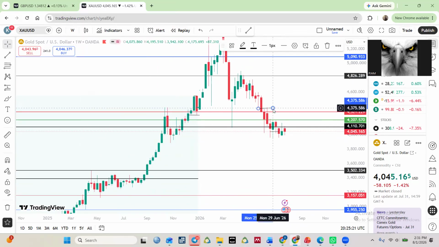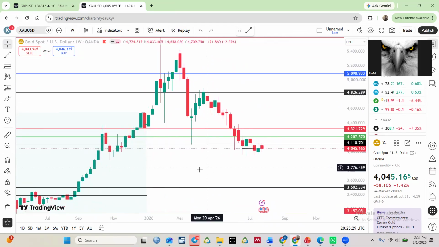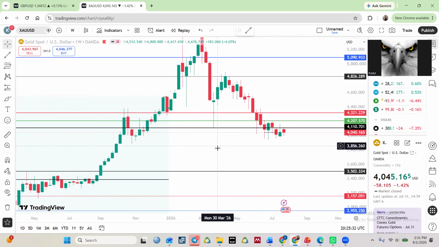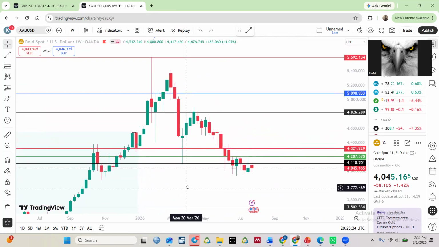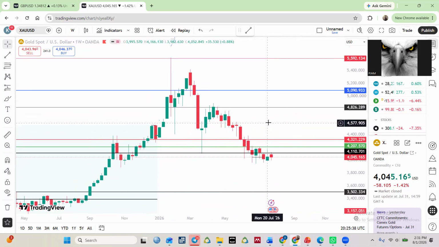Okay, so this is the chart. What can you see about this?